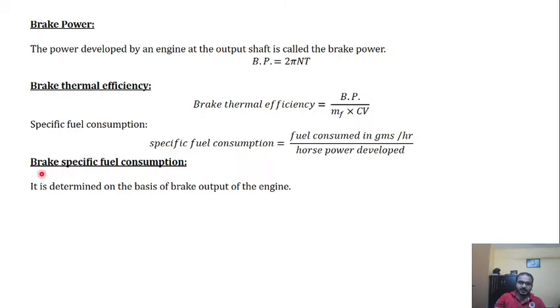And the next one is brake specific fuel consumption. It is determined on the basis of brake output of the engine. It is quite simple. If we look at this basic definition, in specific fuel consumption we have fuel consumed in grams per hour divided by horsepower being developed.